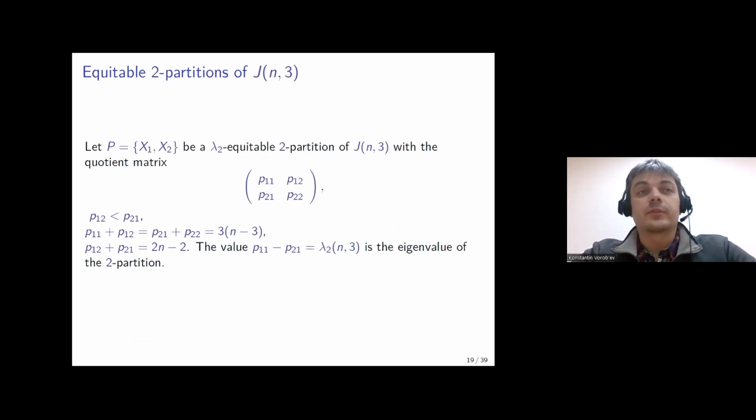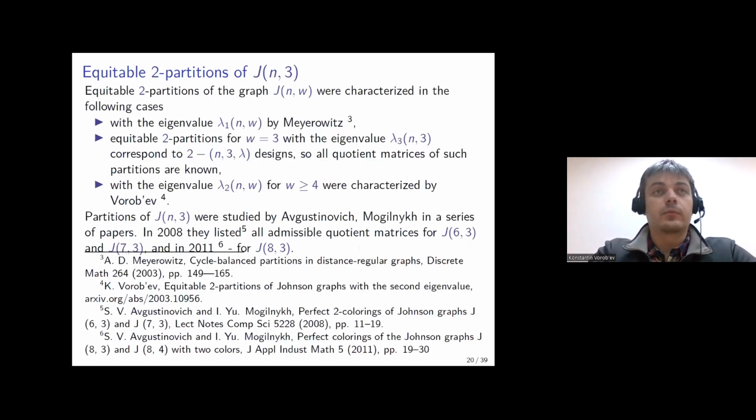Without loss of generality, P12 is less than P21. It's also possible that they are equal, but this case is not interesting for us. Also, we know the sum of each row is equal to the degree of the graph. And one more equation is P12 plus P21 is equal to 2n minus 2. This is from the fact that lambda 2 is an eigenvalue of our matrix. Okay, so this is what we know.